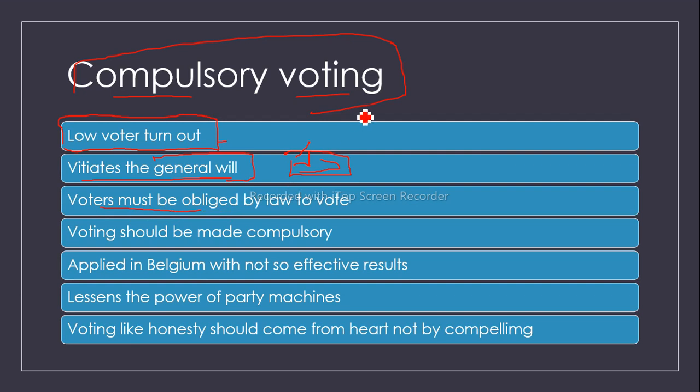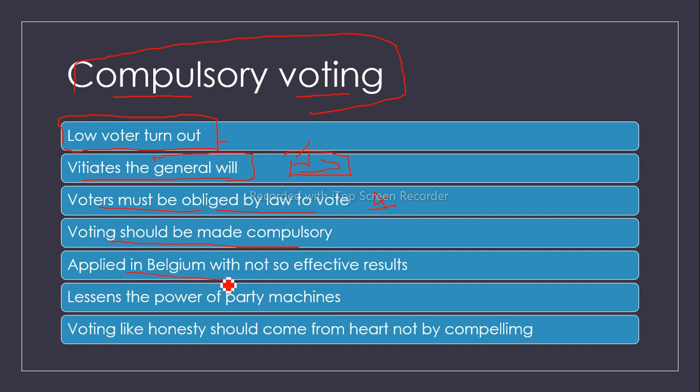So compulsory voting suggests that the voters must be obliged by law to vote. It should be the lawful duty of a person to cast a vote, and when he fails to cast a vote, he should be punished legally. There should be punishment. So voting should be made compulsory. Everyone should be obliged by law to cast their votes.